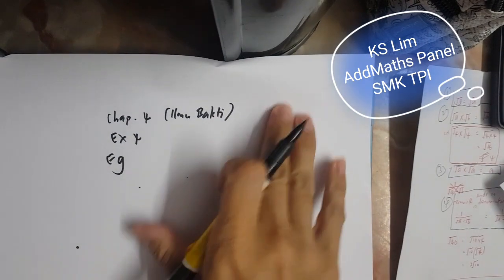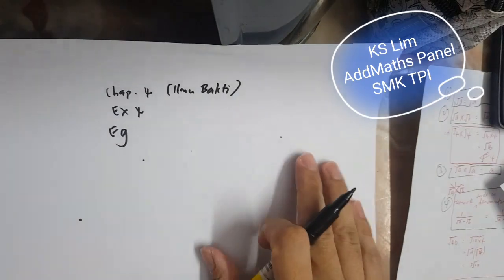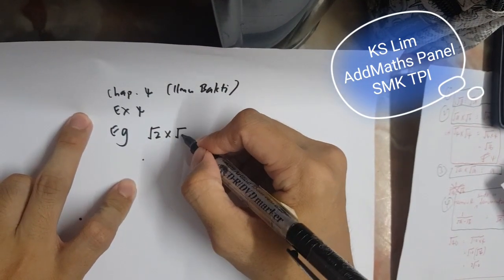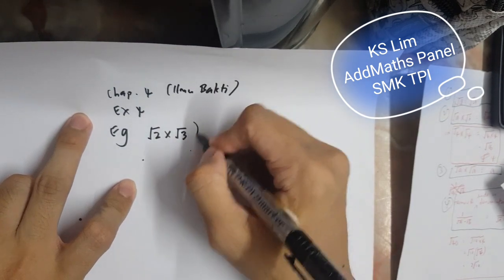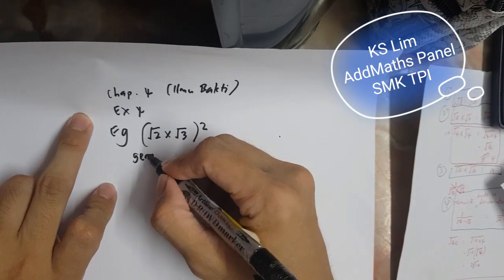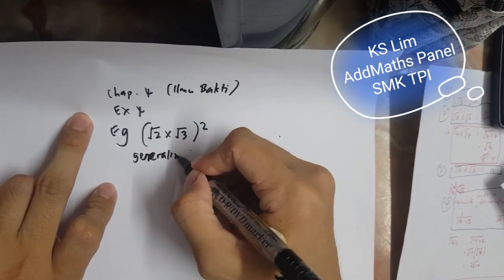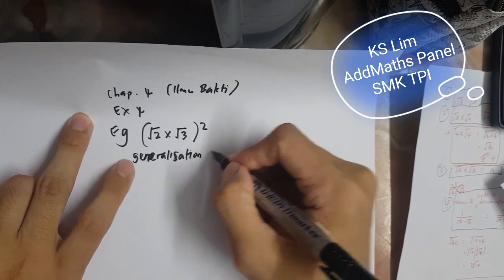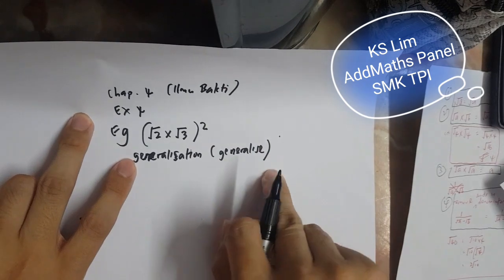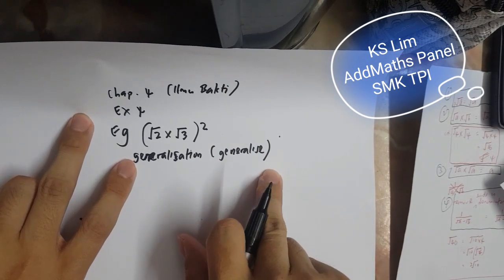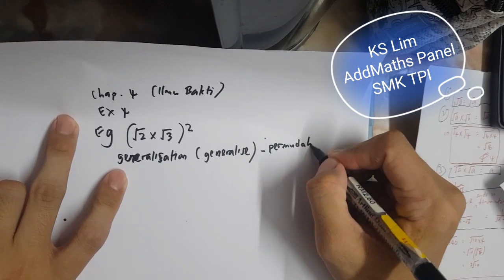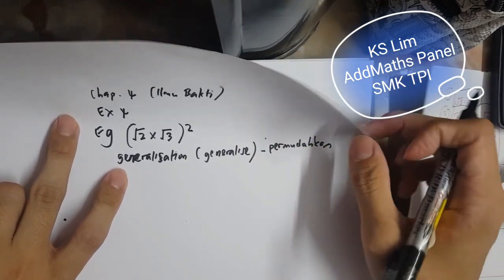The question requires you, given square root 2 multiply square root 3 in brackets squared, to generalize. What is meant by generalize? It has a simpler meaning: simplify, something like that.